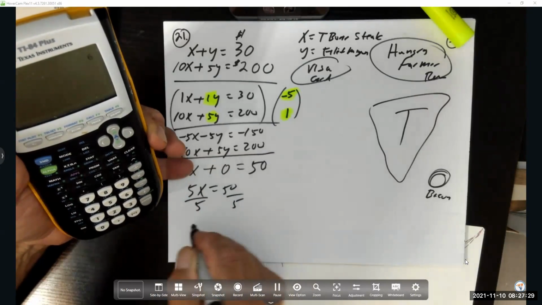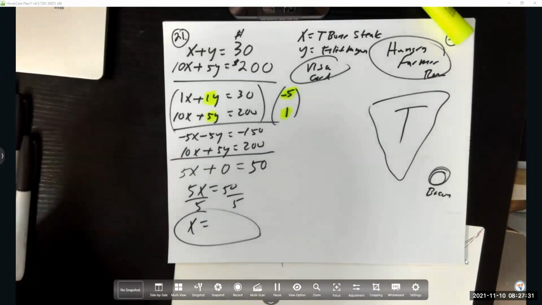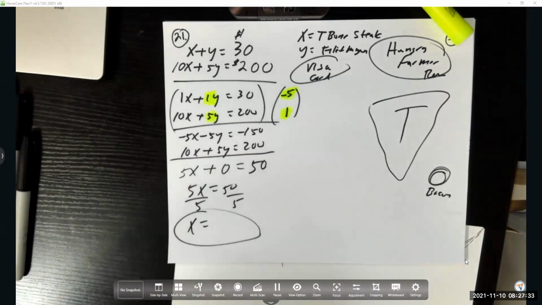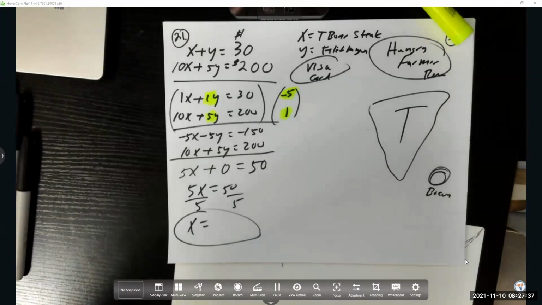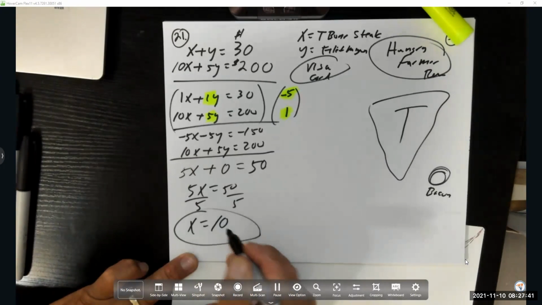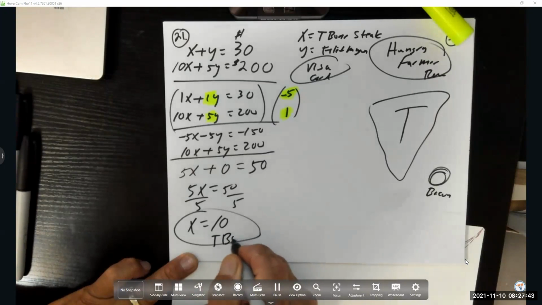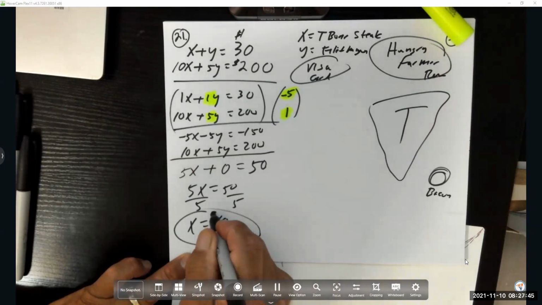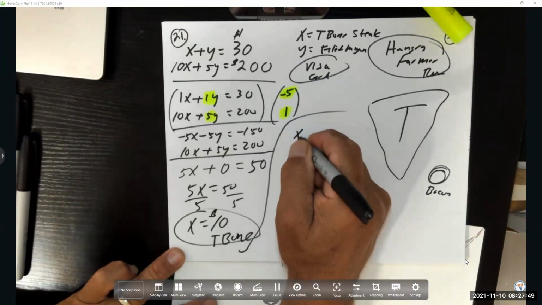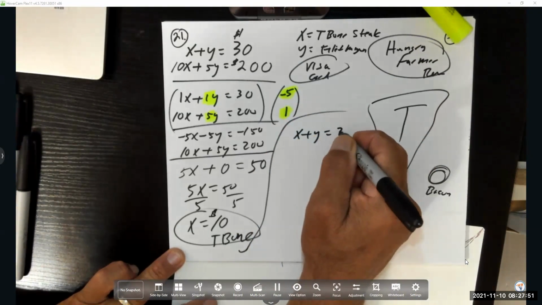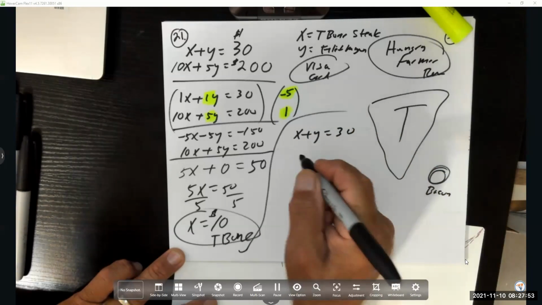So what did you get for x? Give me a number. 10. You said 10. So the T-bone steak by itself costs $10. Okay, that's fine. We got one answer. Now the other answer. So x plus y has to be 30, right? What is x? 10.